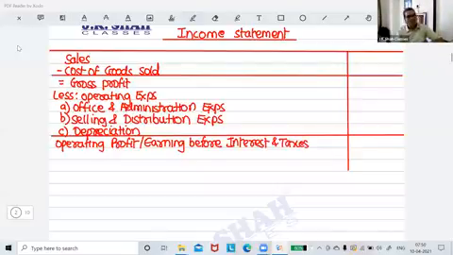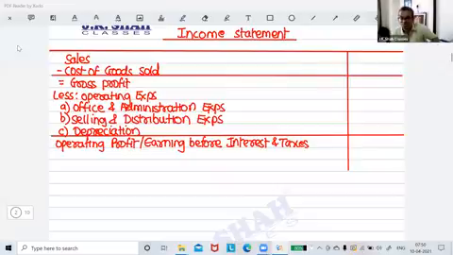Okay, earning before what? Interest and taxes. I hope you are aware that in short it is called EBIT. You have always come across this term, right? Yeah, correct.